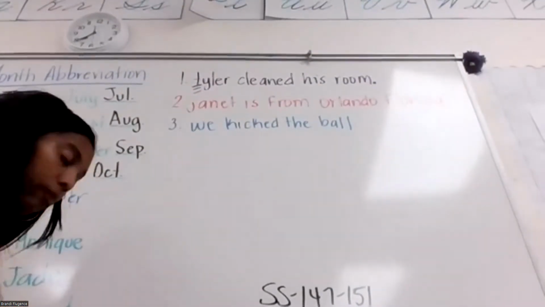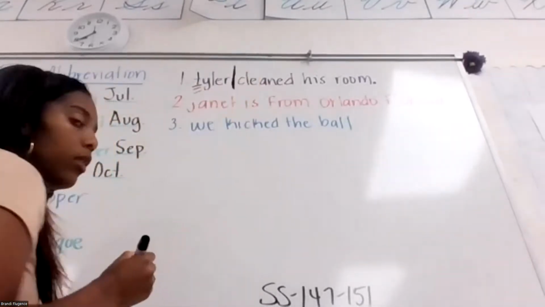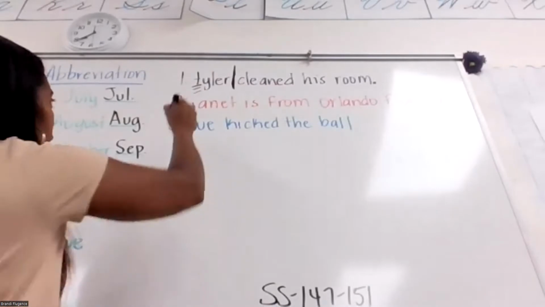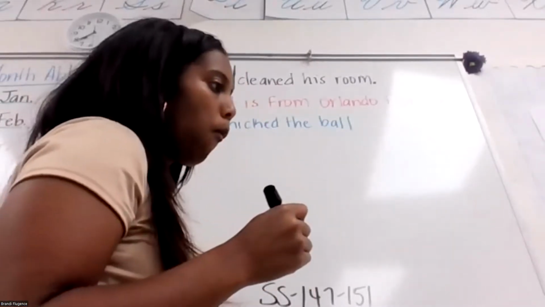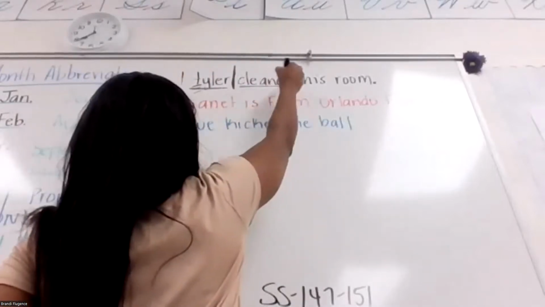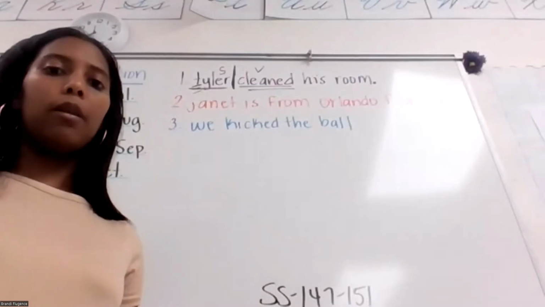Tyler and cleaned. Tyler and cleaned. So what's my subject? Tyler, underline that once. And what's my verb? Cleaned, underline that twice. Good. Subject, verb. Hope that's what we did for number 1.